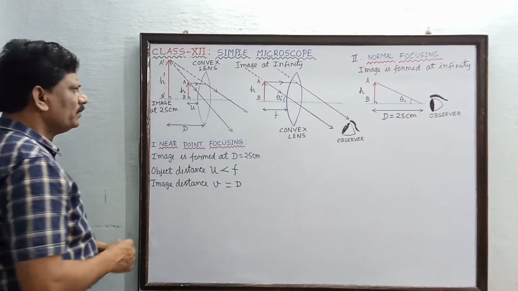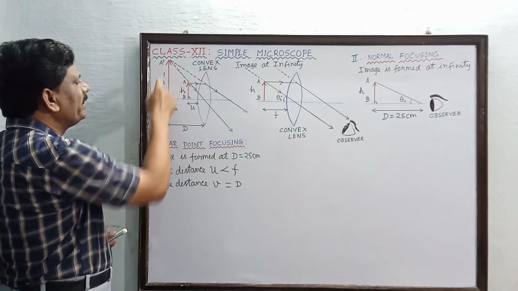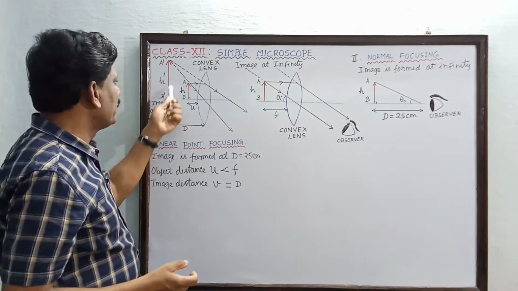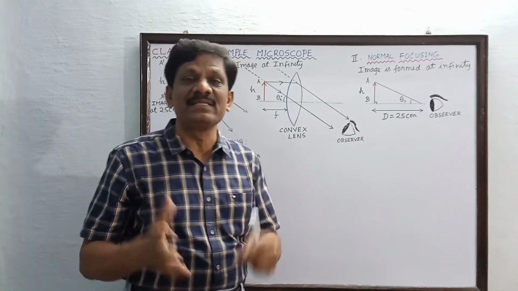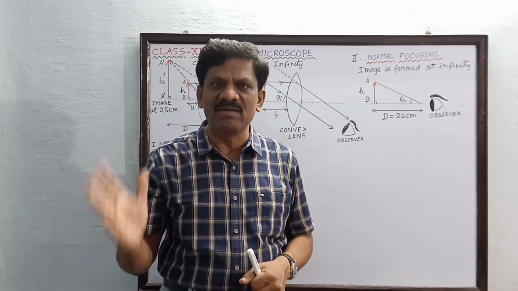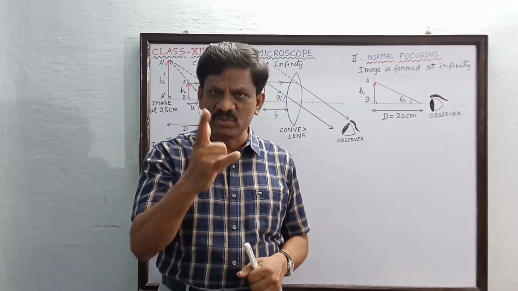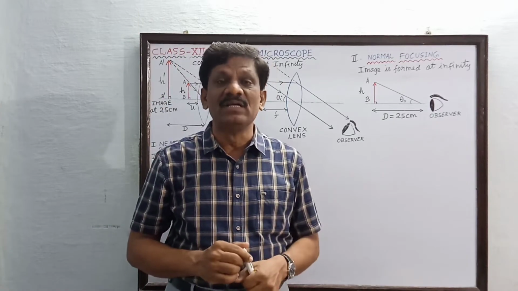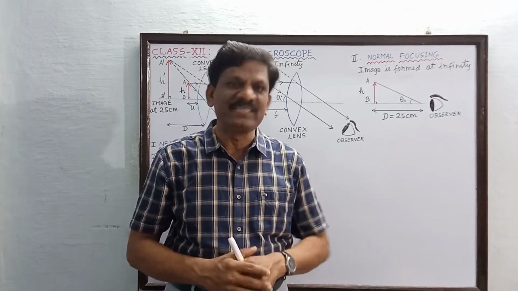Now the image is represented by A dash B dash, and its height is h dash. What type of image have we got here? What is the nature of the image? The image is formed on the same side of the object, so it is a virtual image. The image is formed above the principal axis, so it is an erect image.